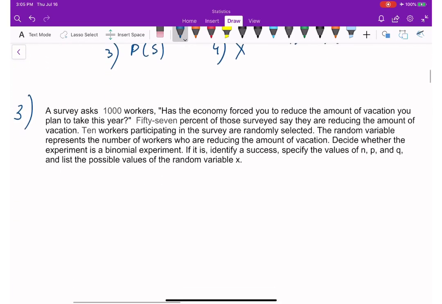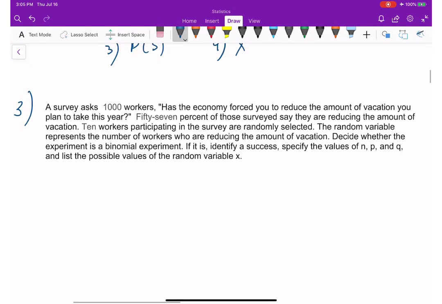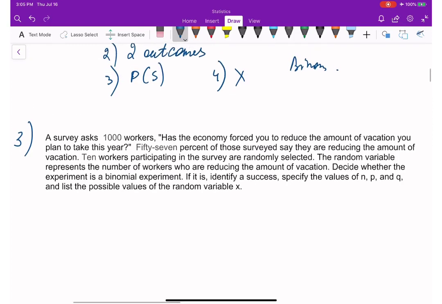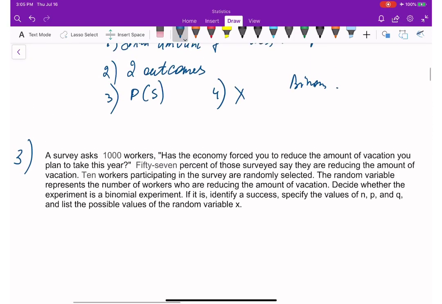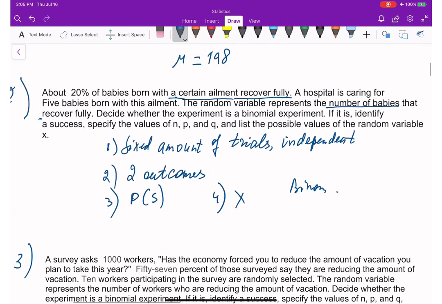Okay. Moving on to number 3, exactly the same way, we need to find out if it's binomial or not. What does it say also? If it is, then identify a success, specify the values of n, p, and q, and list the possible values of the random variable.